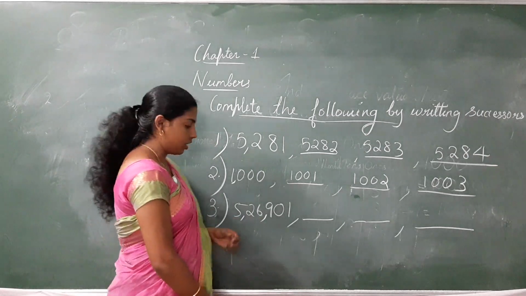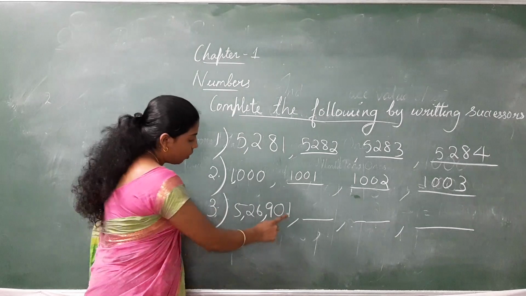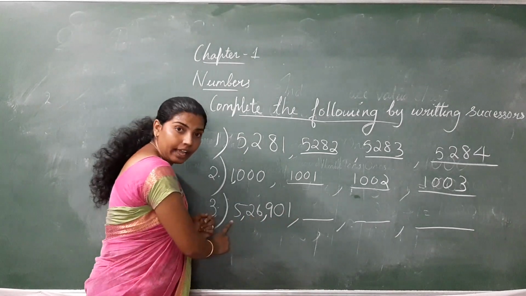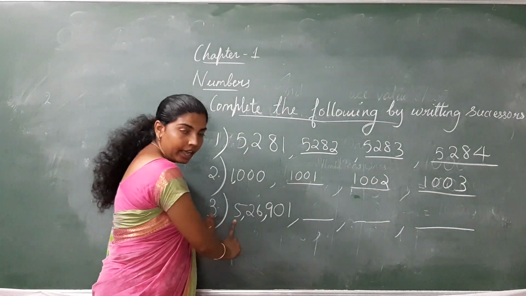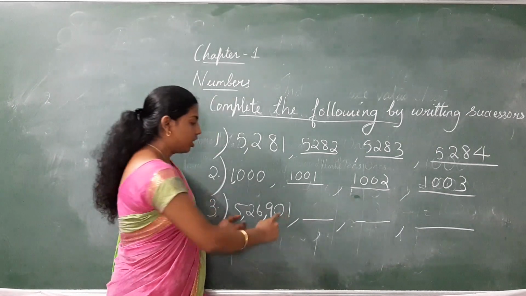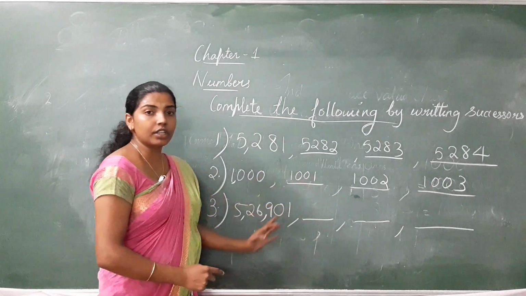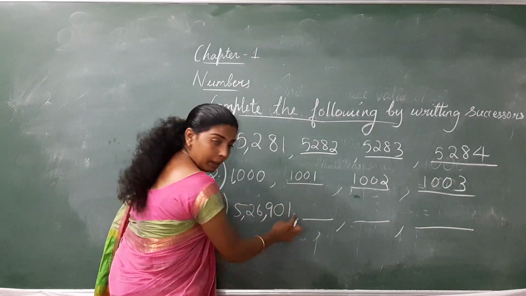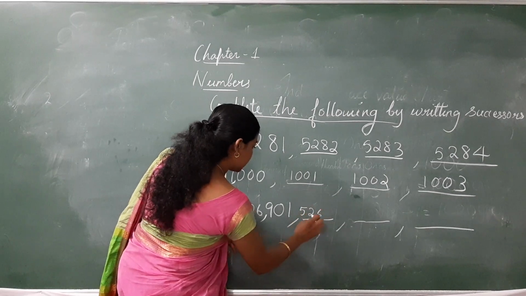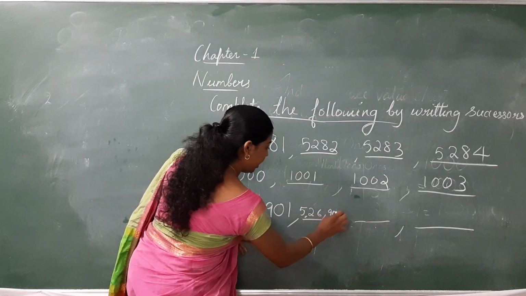After 10,000, a comma. Now let us read: ones, tens, hundred, thousand, 10,000, lakh. So the number is 5,26,901. The successor of this number will be plus 1, so the number will be 5,26,902.